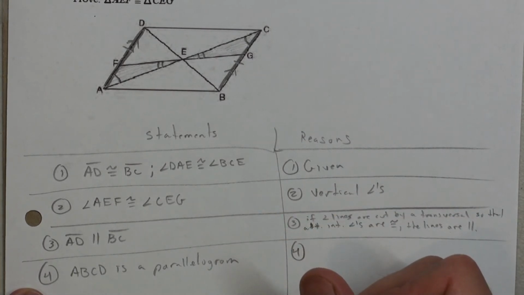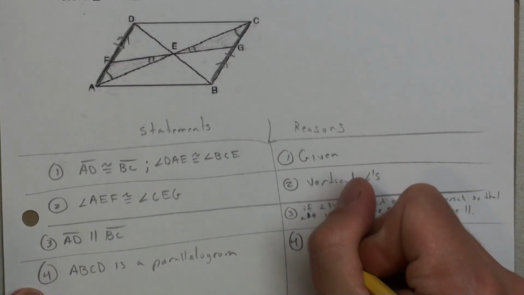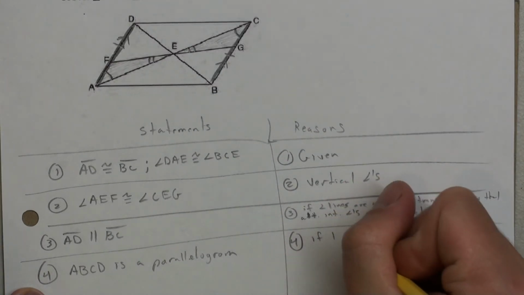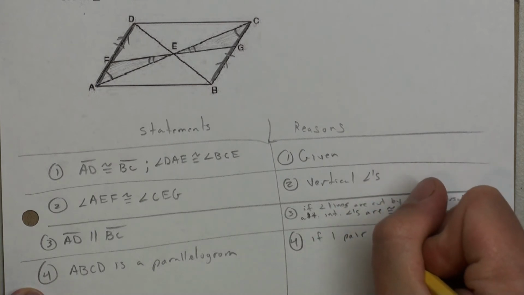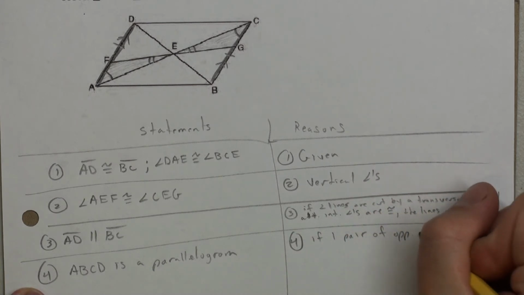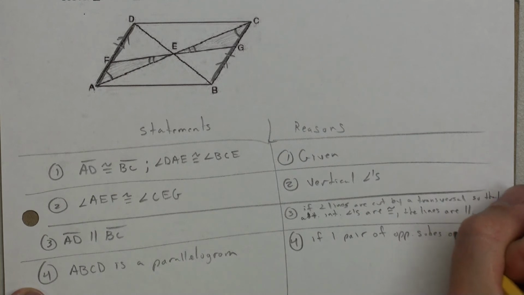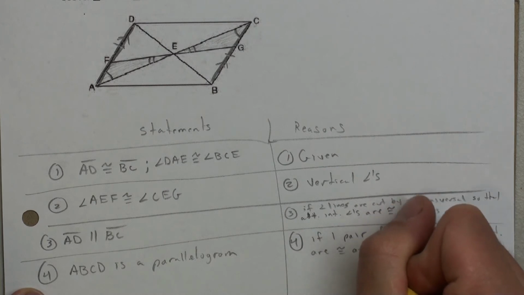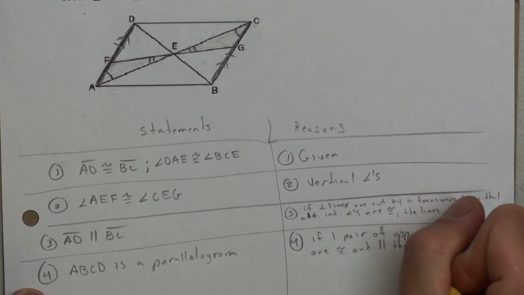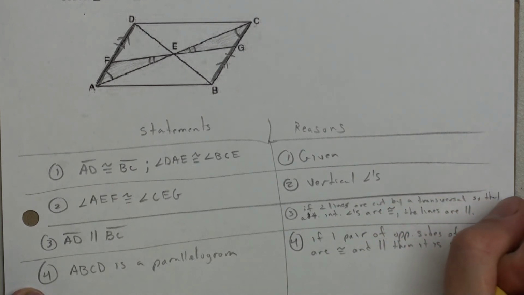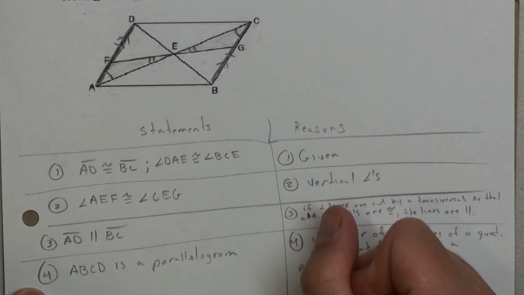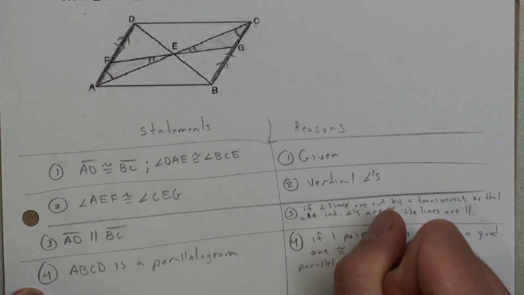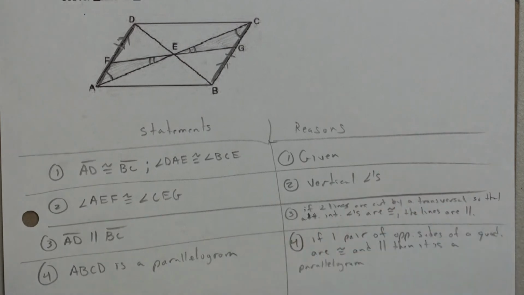Okay, and I can say that because if one pair of opposite sides of a quadrilateral are congruent and parallel, then it is a parallelogram.